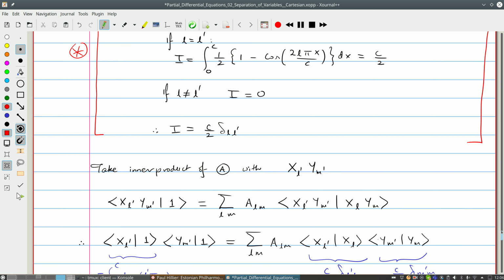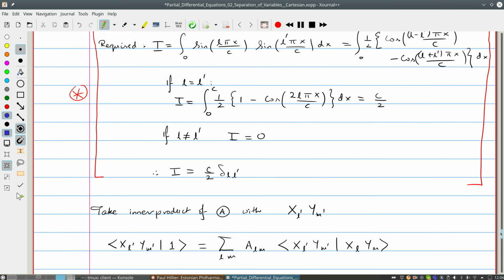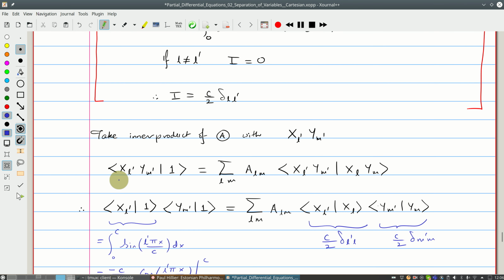Now what we're going to do is take the inner product of a with x L prime and y m prime. To remind you, this is what equation a is, and this thing here is x L of x, and this thing here is y m of y. So we are taking the inner product from the left with x L prime of x and y m prime of y, and this is effectively written as follows.